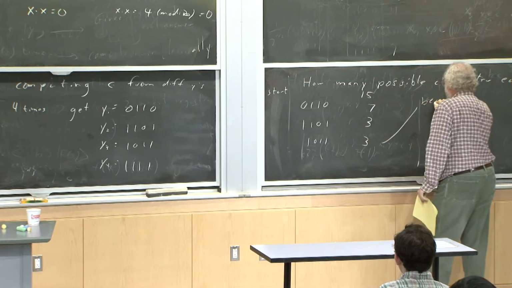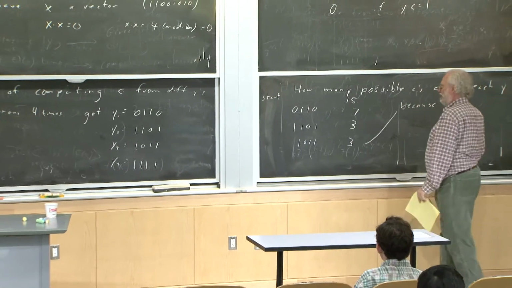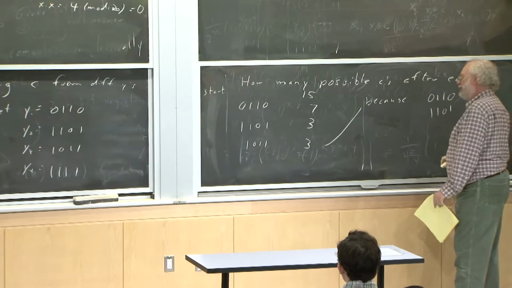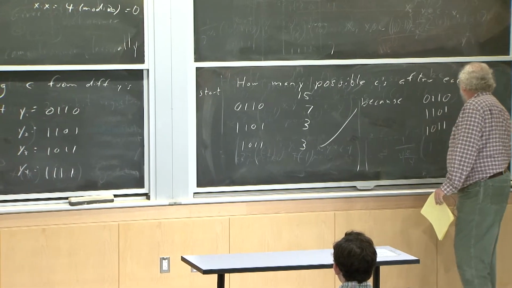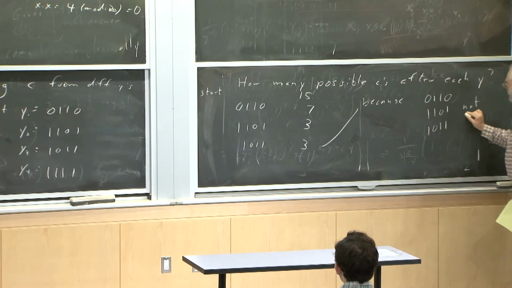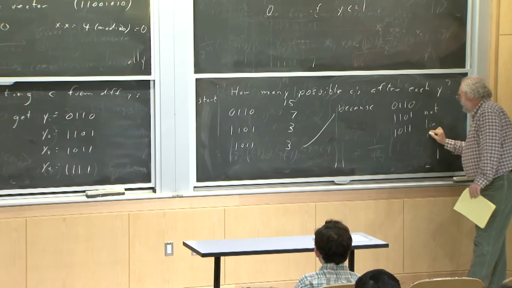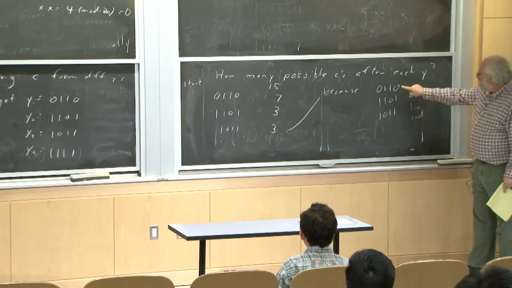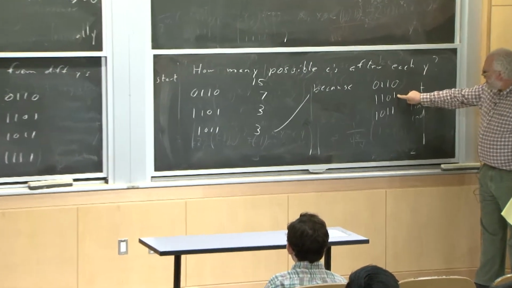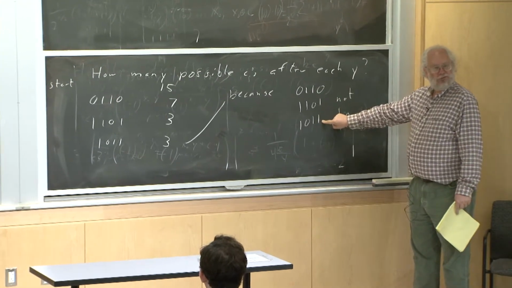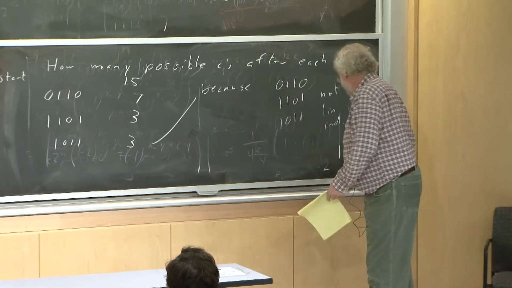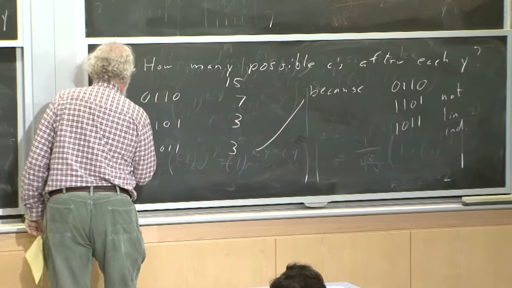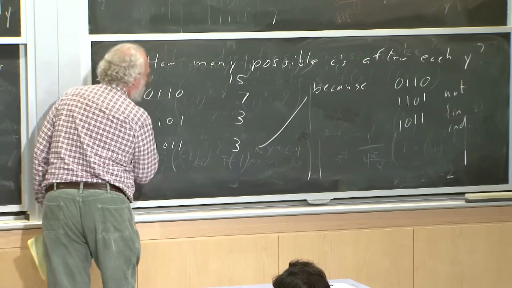And that's because 0, 1, 1, 0, 1, 1, 0, 1, and 1, 0, 1, 1 are not linearly independent. Because if you take this and you add it to this, you get this. So let's call these y1, y2, y3.